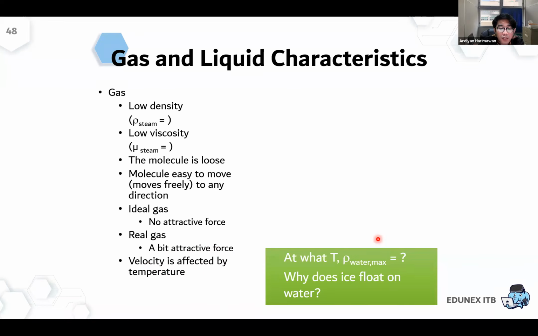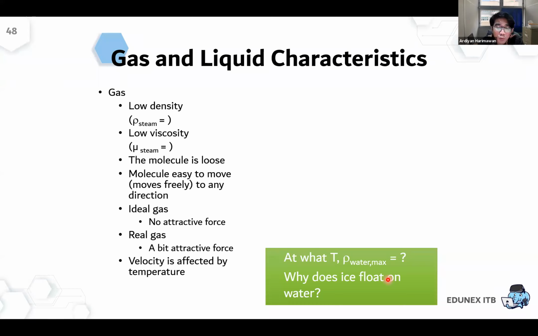Okay. I think I have mentioned, right? The temperature at which the density of water reaches its maximum is 4 degrees Celsius. You can search on YouTube why ice is water, but it becomes solid. It's the freezing ice.